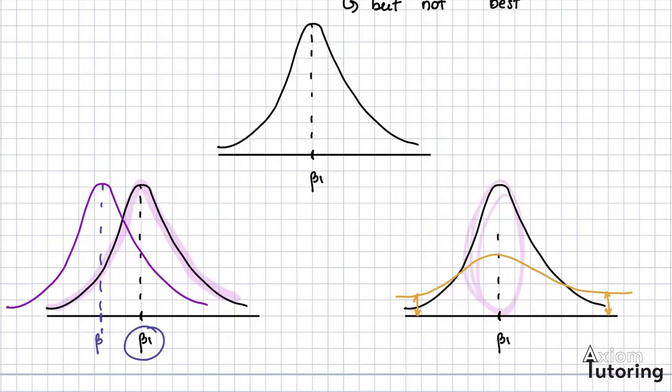So as you can see, because of the thicker tails, this is where most of the values fall. So clearly this new estimator is unbiased because its mean is still at beta 1, but not as precise. Okay, so between the black one and the orange one, obviously we are going to prefer the black one again.